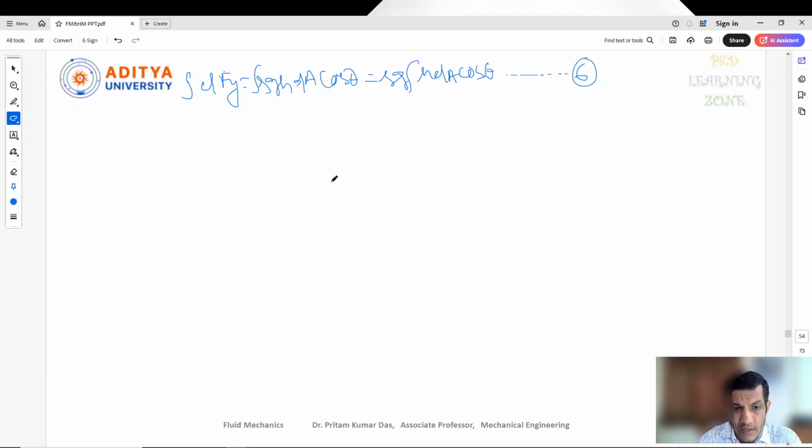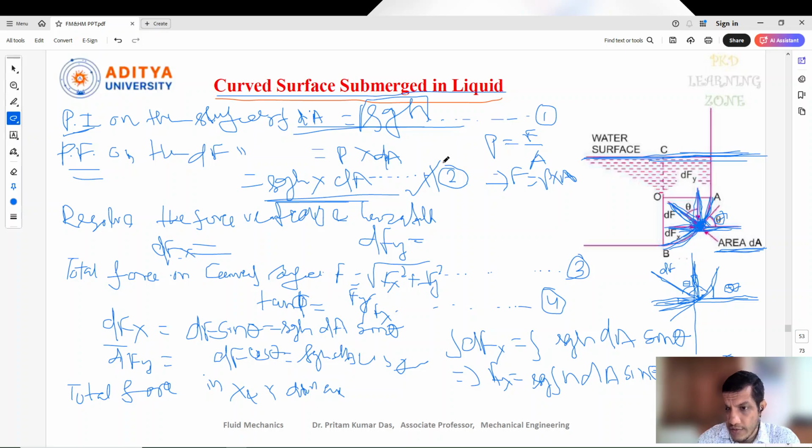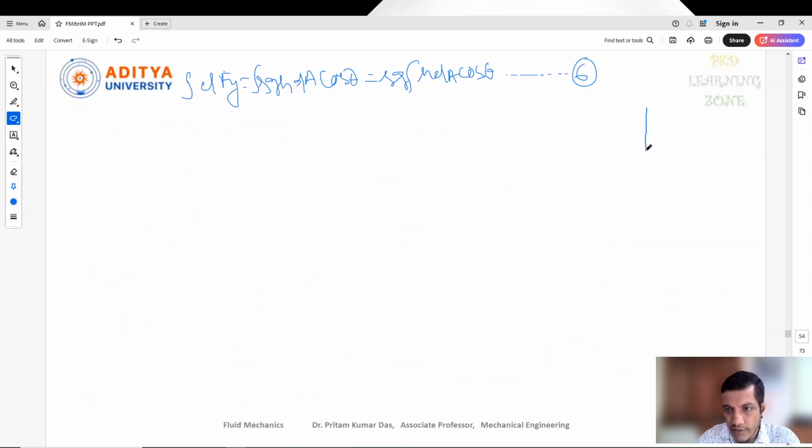Now let's go to the diagram here. If I draw a diagram, this is the diagram, which is a triangle, and this triangle came from the previous one. Let's see, this is E, this is F, and this is G, and this is theta, and this is the side which is dA.